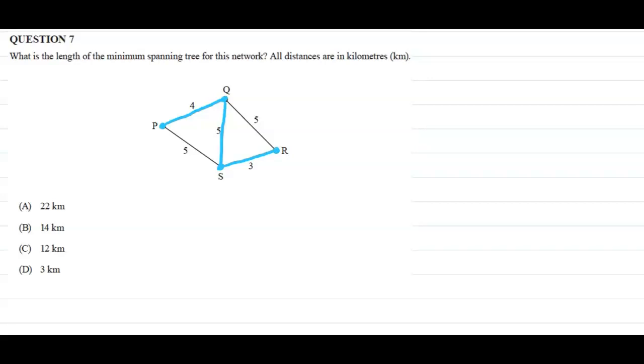So we have developed a minimum spanning tree. And to find the weight of that, we just add all our edges together. So our weight will equal 4 plus 5 plus 3, which gives us a weight of 12 kilometers. So our answer for question 7 is C.